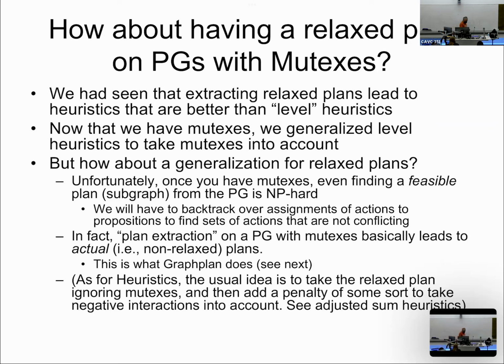Because in the positive interactions case, only if you need the optimal subplan do you need to backtrack and consider all possible subgraphs supporting the final goals. In the negative interactions case, if there are mutual exclusions, then even finding one subgraph that supports all the goals such that there are no mutual exclusions in the subgraph will require exponential amount of work.